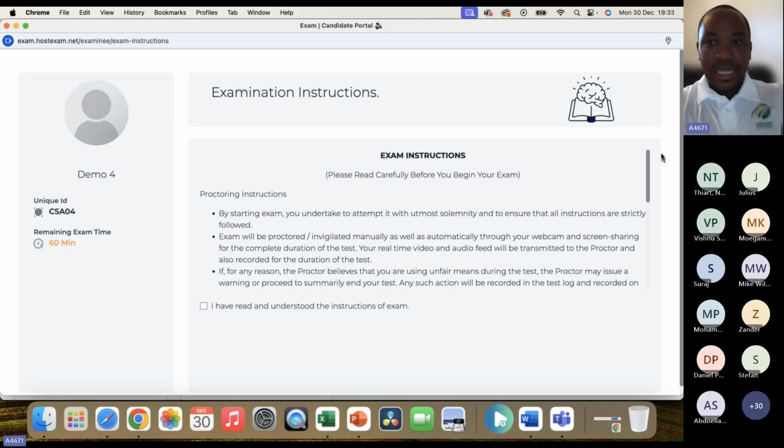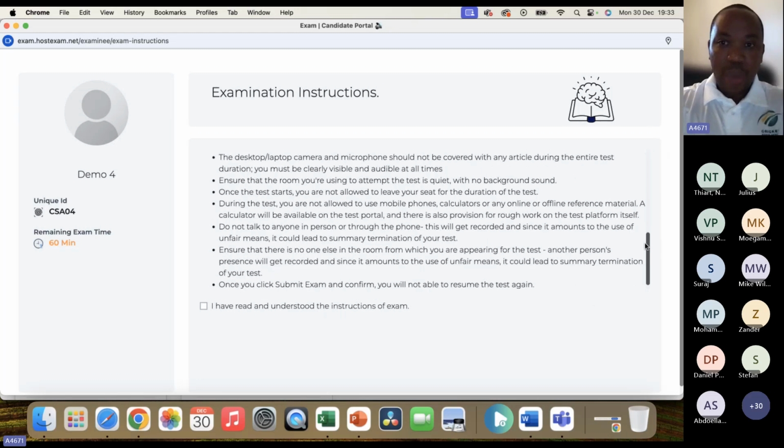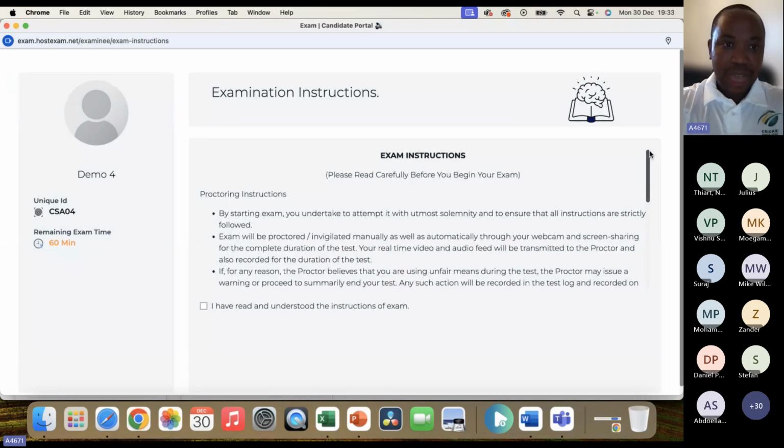So that is what you will be reading while you wait for your exam to start. When you have read and understood the instructions, then you click on the checkbox and you can begin your exam. Just a heads up, it says here exam time is 60 minutes. The level 3 exam is supposed to be written in 3 hours, which is 180 minutes.